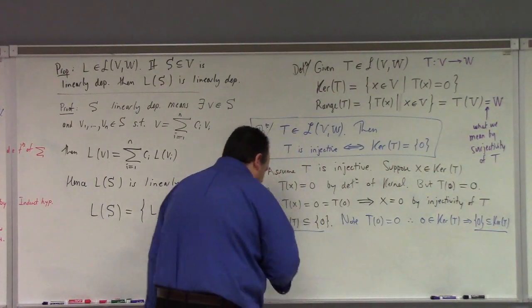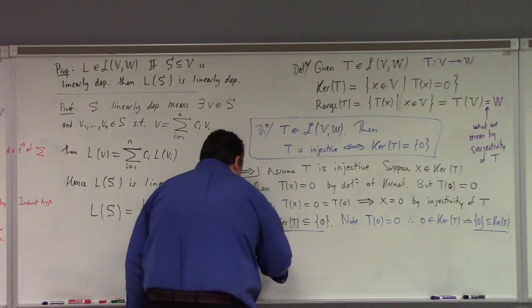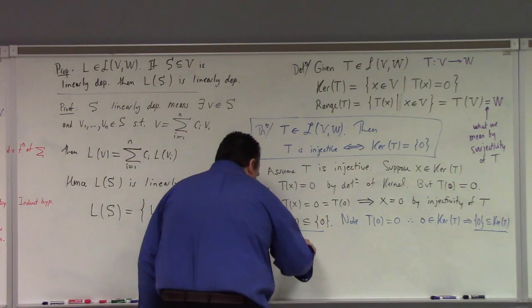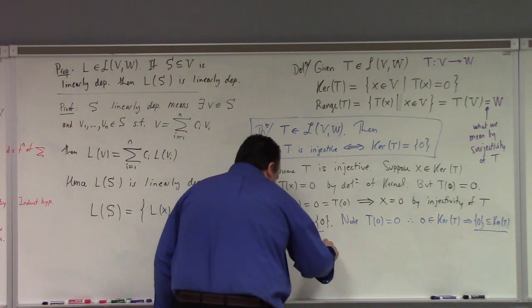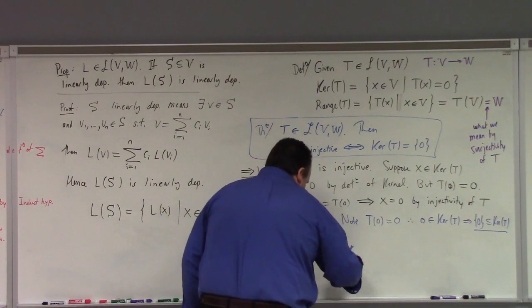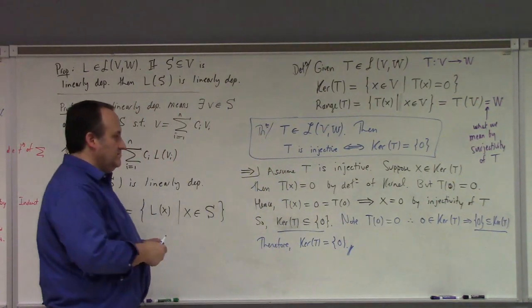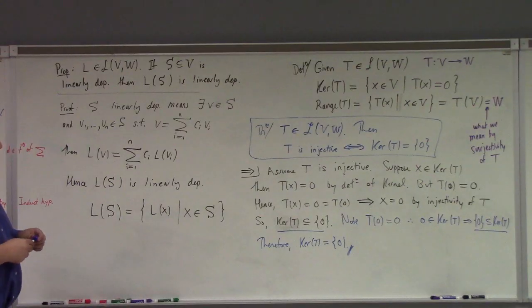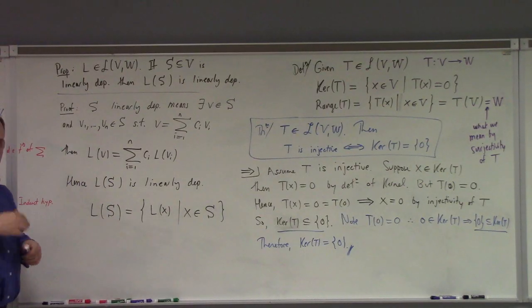Double containment, right? So hence, therefore, kernel T equals to what? The set containing 0, right? So that completes the forward direction of that proof.